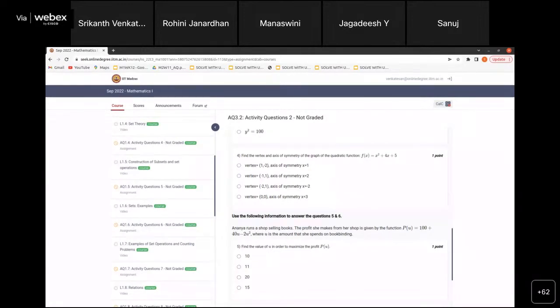When your a and b are positive, your axis of symmetry will always be on the left side of your y-axis. That means you will have a negative value, x is equal to some negative value. If at least one of your a and b is negative, then it will be on the right of the y-axis, and you will have a positive value for your axis of symmetry, like this.